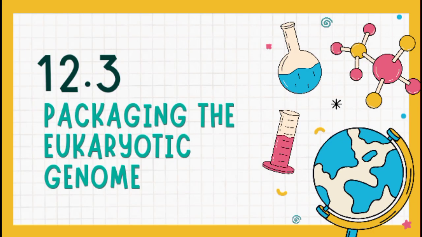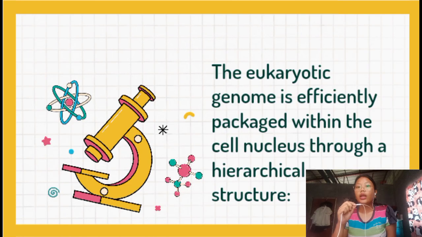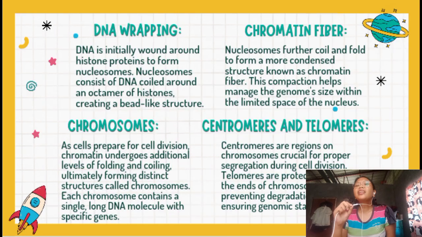12.3 Packaging the eukaryotic genome. The eukaryotic genome is efficiently packaged within the cell nucleus through a hierarchical structure. DNA wrapping: DNA is initially wound around histone proteins to form nucleosomes. Nucleosomes consist of DNA coiled around an octamer of histones, creating a bead-like structure.